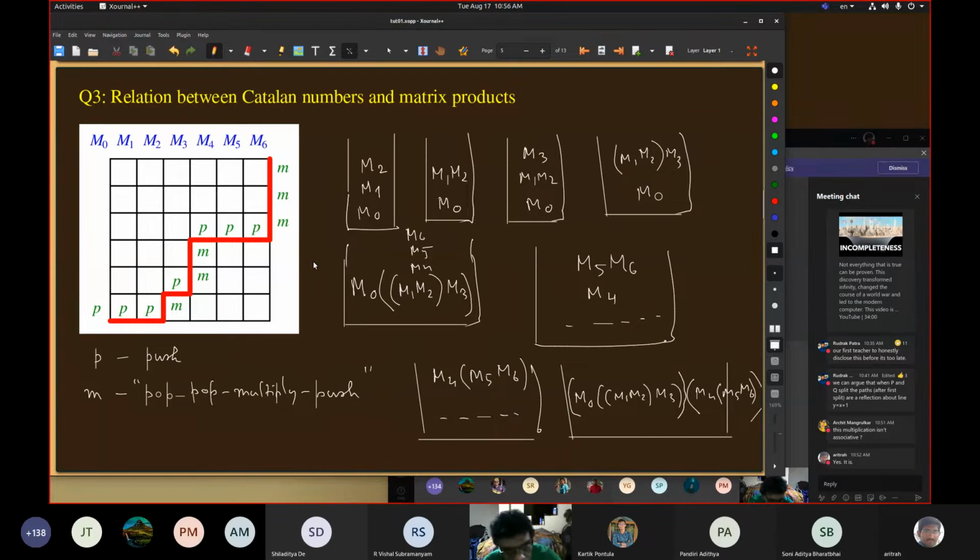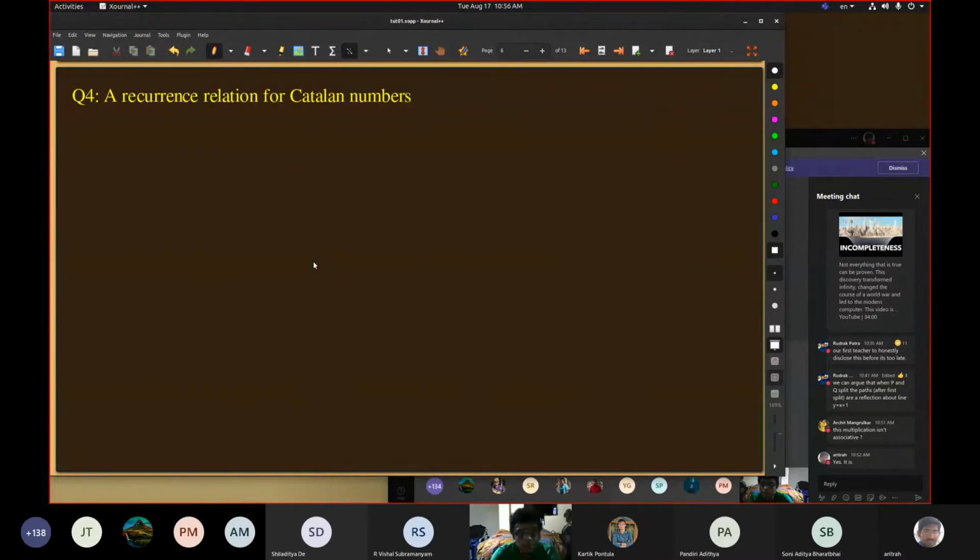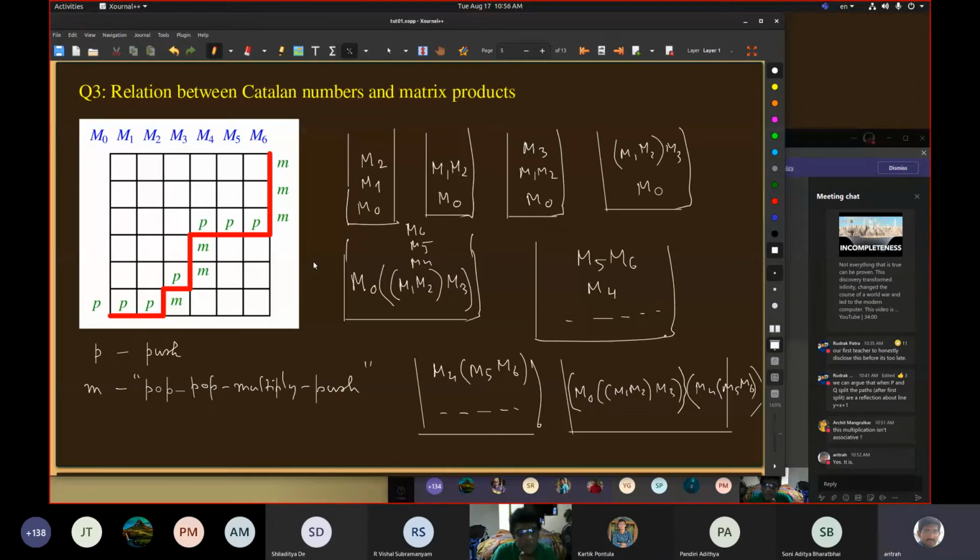Okay. So this is why these things are related. Then there is a final query about Catalan numbers. This will be covered later in detail, but for the moment, I can just give you an idea how this matrix product kind of stuff can help us.